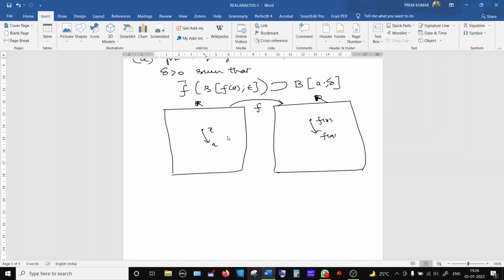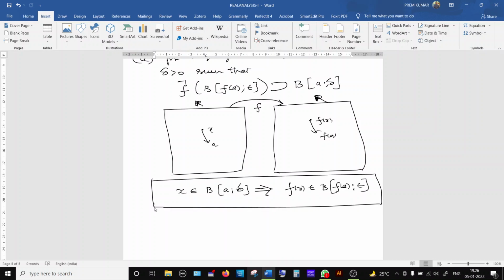Now, the usual definition using the open ball says, whenever our x belongs to the open ball whose center is a and radius is delta, then our f of x belongs to the open ball whose center is f of a with radius epsilon. This is the usual definition of a continuous function at the point a in terms of open balls.